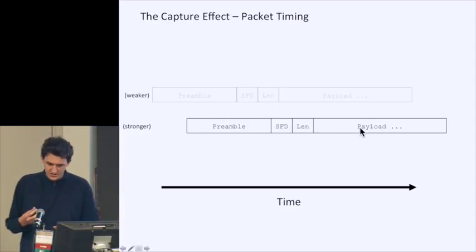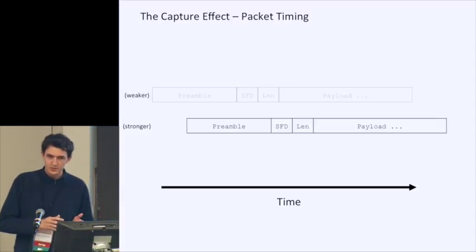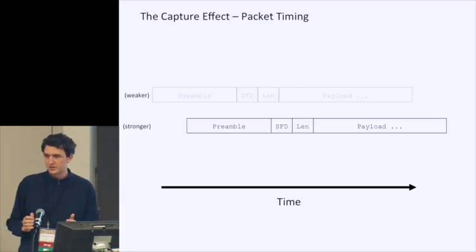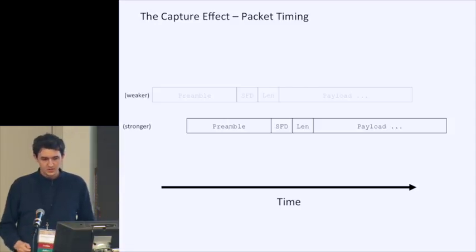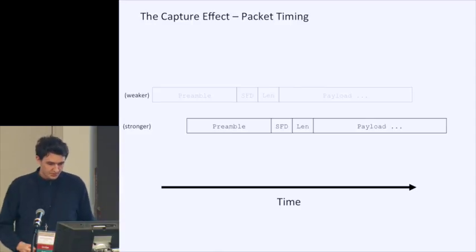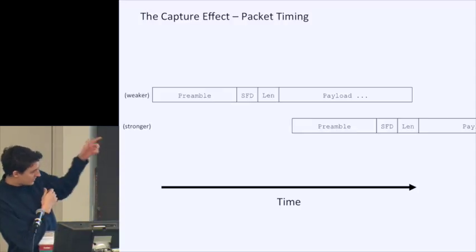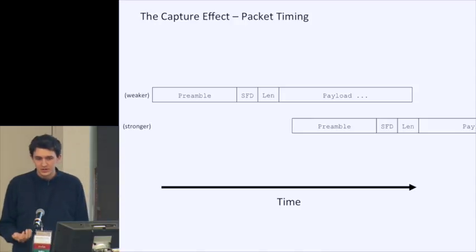What you need to know here is that typically a receiver, when it hears a preamble and the start of frame delimiter, it will lock on to that packet and decide to receive that packet no matter what. It will try its best to receive it all the way to the length it has read, even if in between there's some noise. And that's a problem for us in this case because let's say the stronger packet is a lot later. It starts somewhere in the payload of the weaker packet.